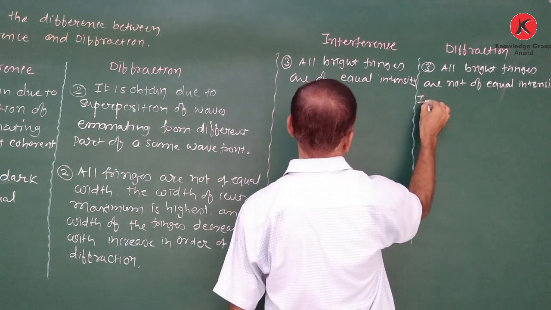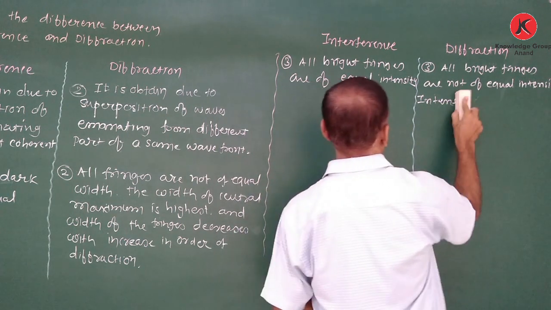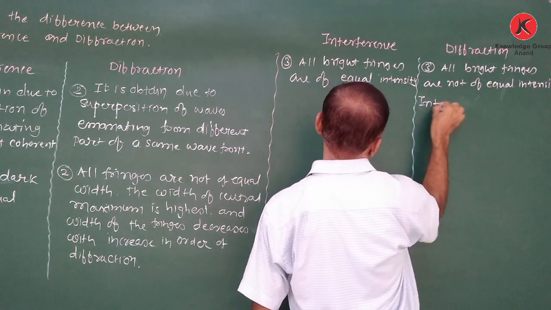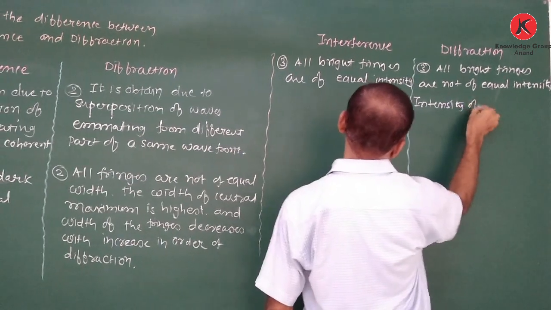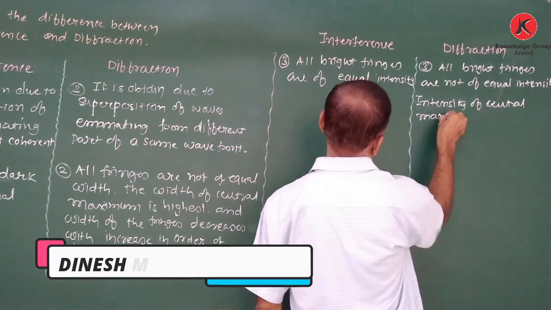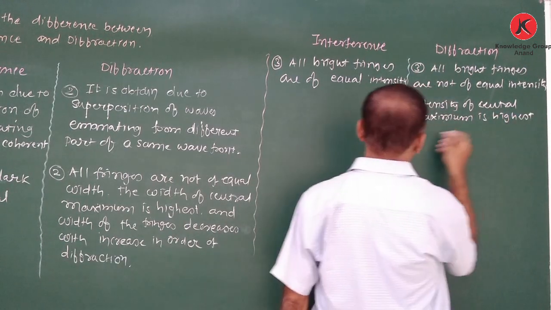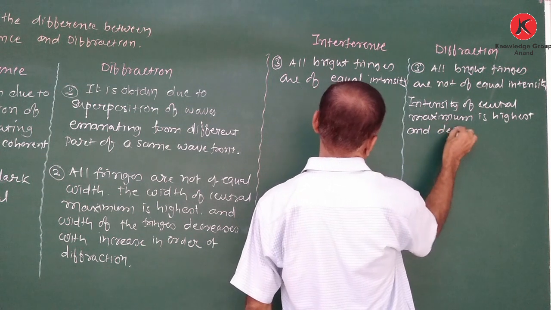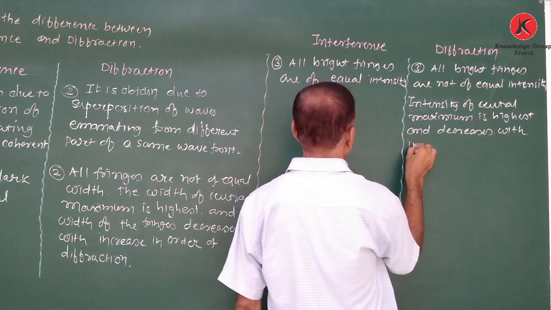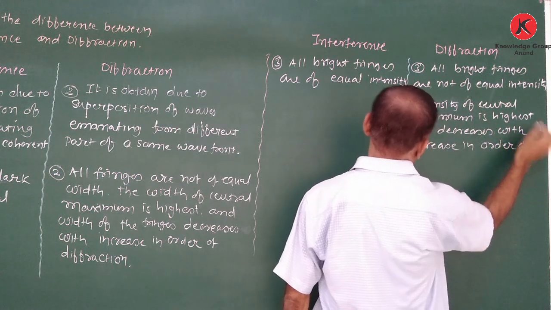The intensity of the central maxima is highest and decreases with increase in order of diffraction.